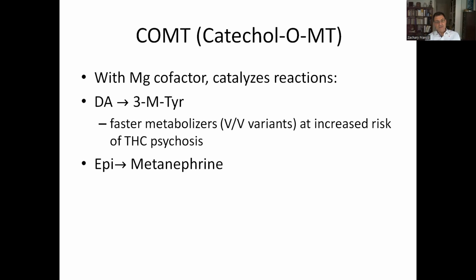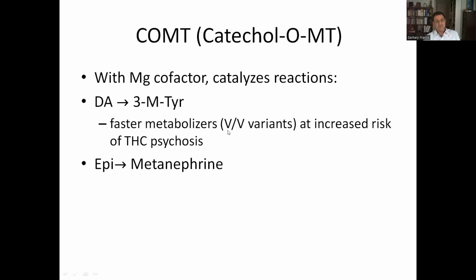But on the other hand, you don't want to get rid of all of it because dopamine's important. And it's found that this enzyme, COMT, has different variants. Depending on what part of the world you're born in and who your parents are, you can be a fast metabolizer, meaning both parents gave you a V variant, or you could be a normal metabolizer, or you could be half fast.